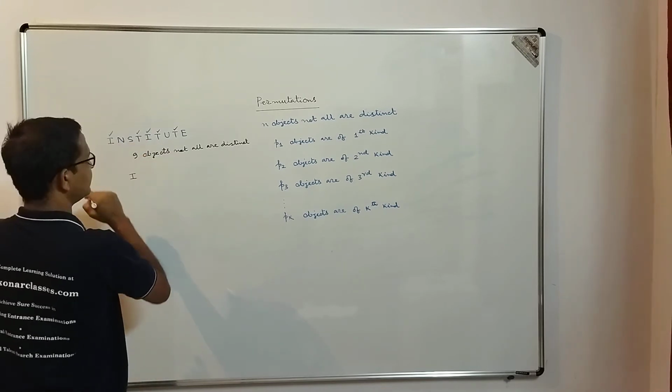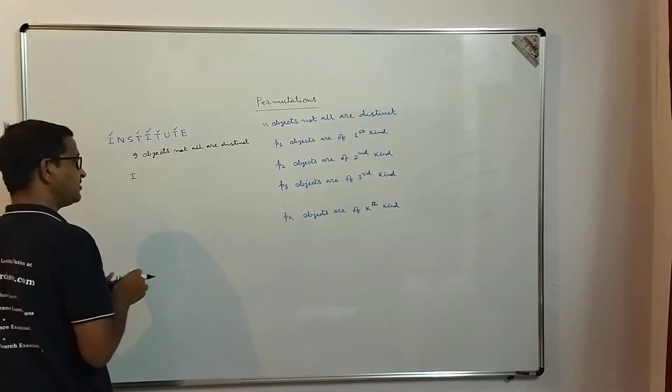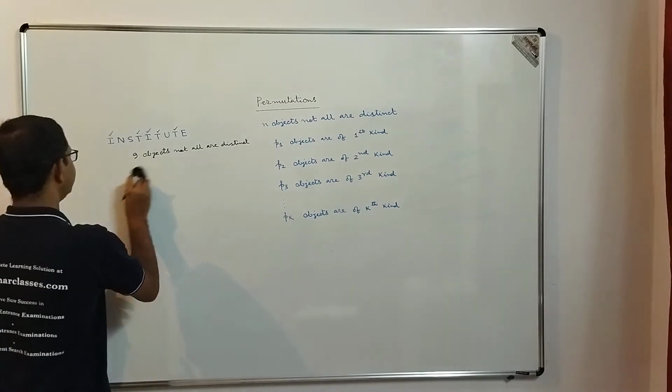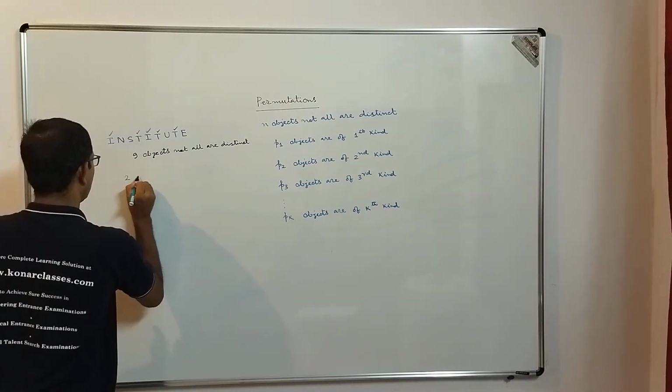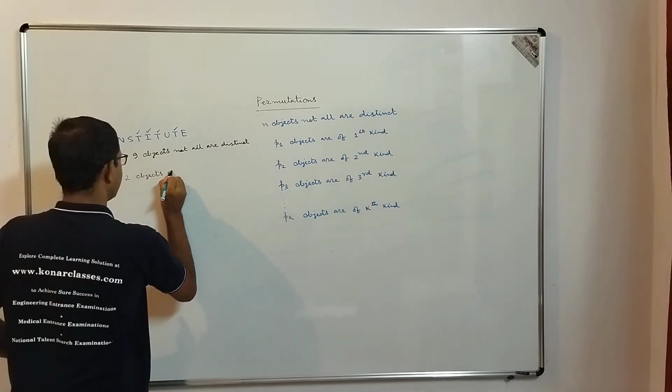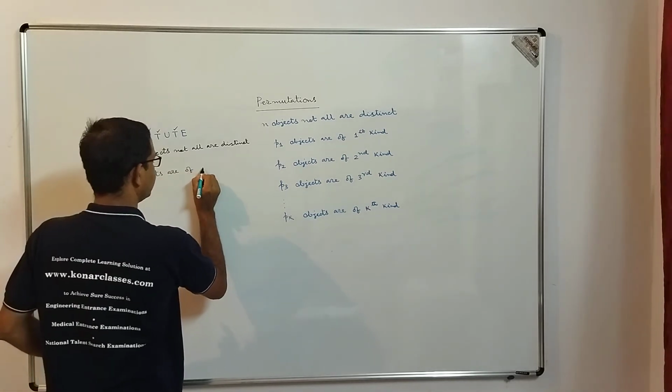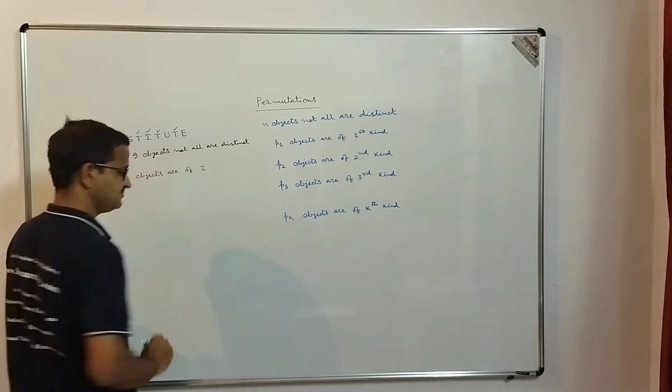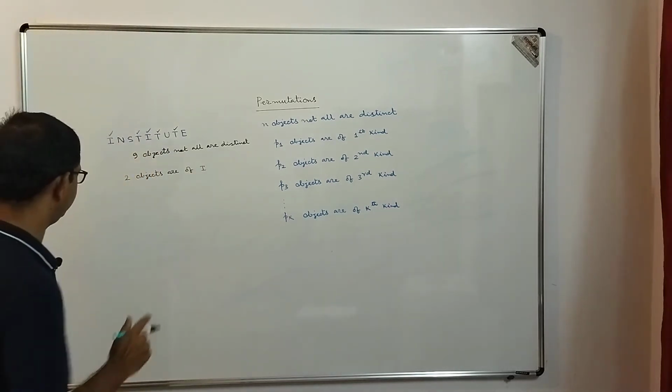There are 2 I's. That is, 2 objects are of I kind.